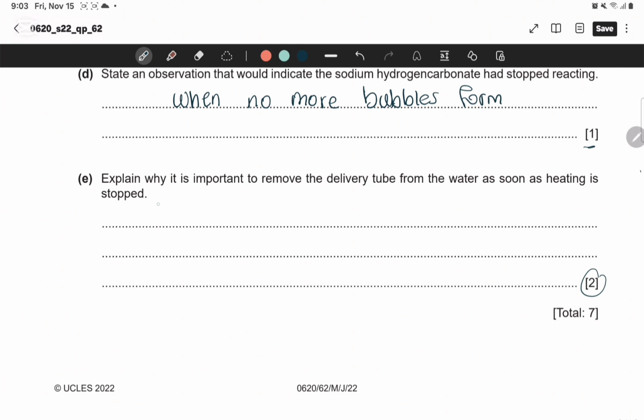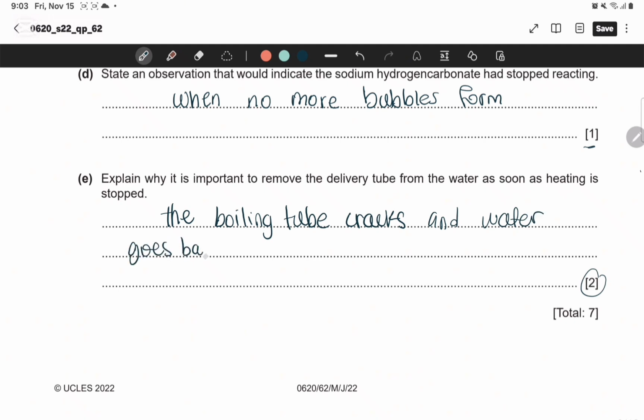So we can say the test tube or the boiling tube cracks and water goes into the tube.